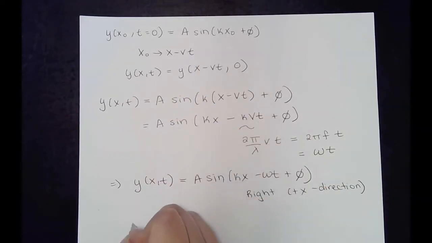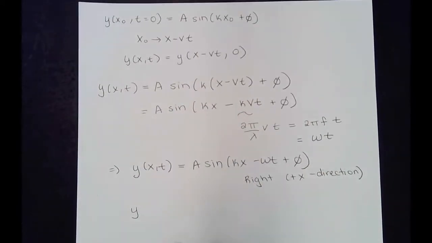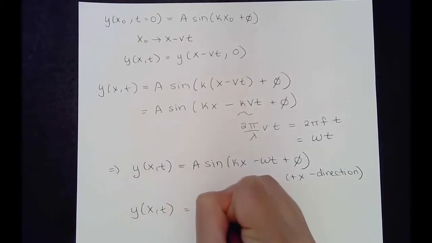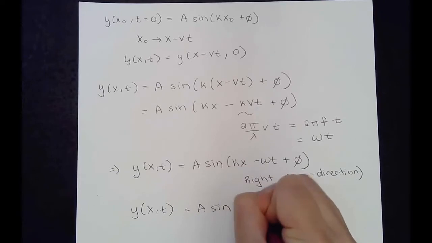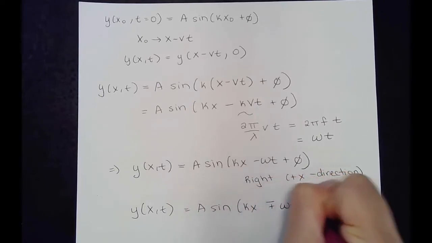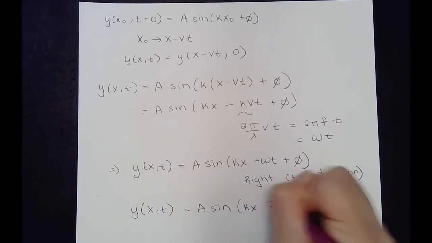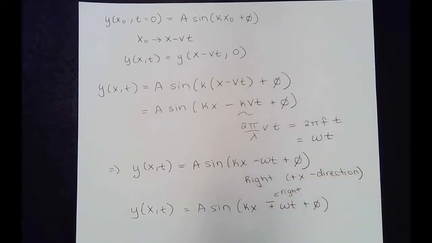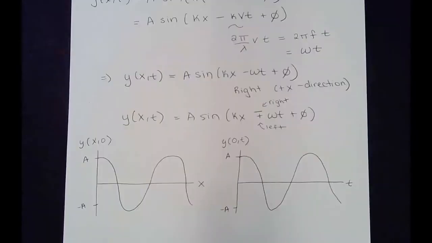So that's why we have y at x and t equals a sine kx minus or plus omega t plus phi, and the top sign is if the wave moves to the right in the positive x direction, and the bottom sign is if the wave moves to the left or in the negative x direction. So it's a little bit counterintuitive, and we need to be careful to remember that about the signs.